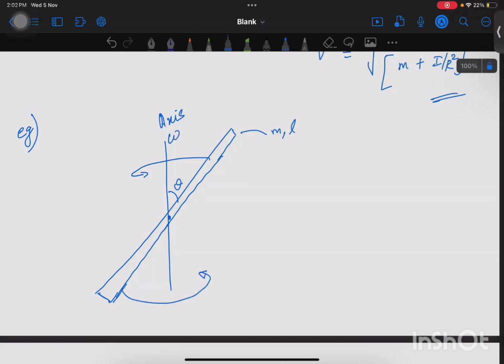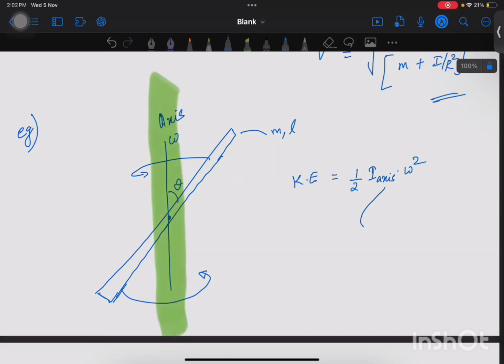With omega. We want to find out what is the kinetic energy of this rotation. So the kinetic energy of rotation, we can always write it as half I of the system about the axis times omega of the system about the same axis. You have to recall what is the moment of inertia of the system about this axis.